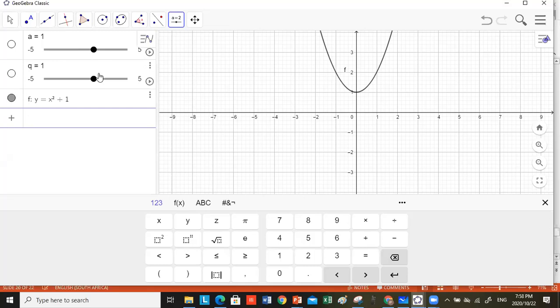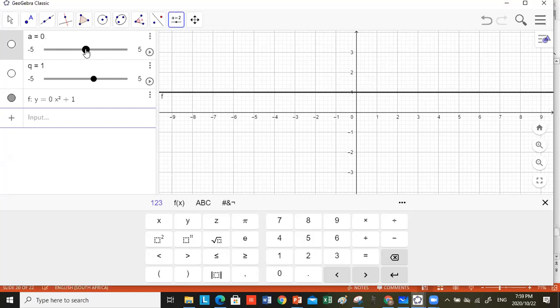Now let's look at the behavior of the function when we're changing a. If a is becoming smaller and smaller, the graph is becoming wide open. Let's see if now our a is equal to 0.